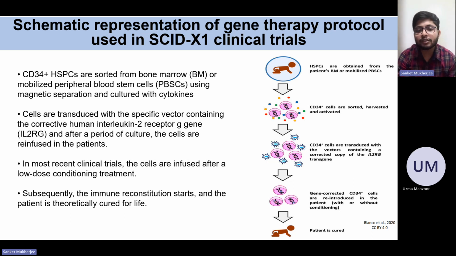In the most recent clinical trials, the cells are infused after a low dose conditioning treatment. Subsequently, the immune reconstitution starts and the patient is theoretically cured for life, although we do not have such a gene therapy based approach yet that is used in medicine.